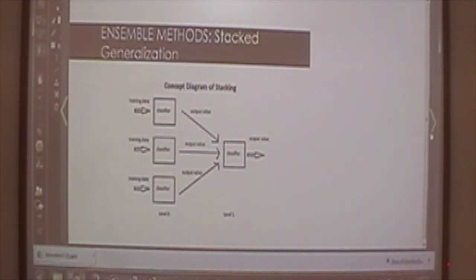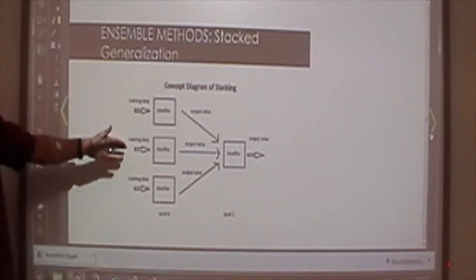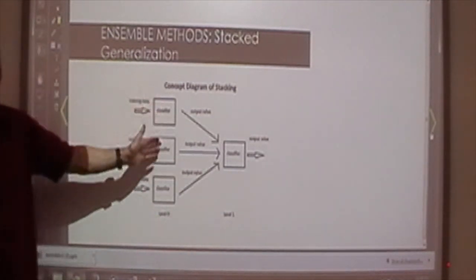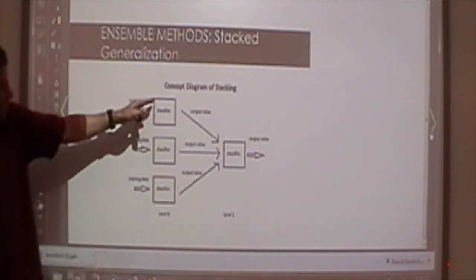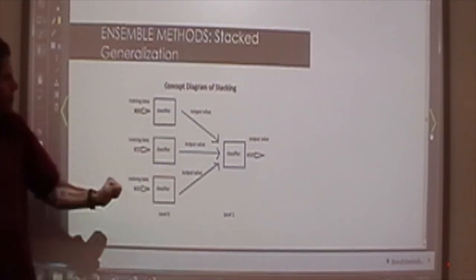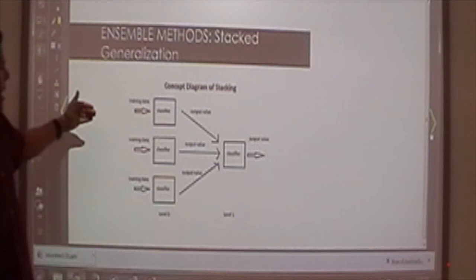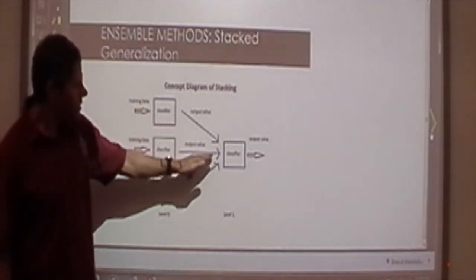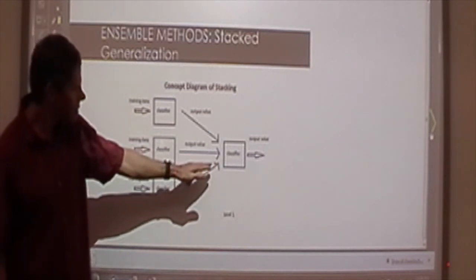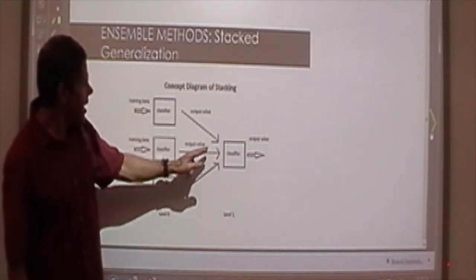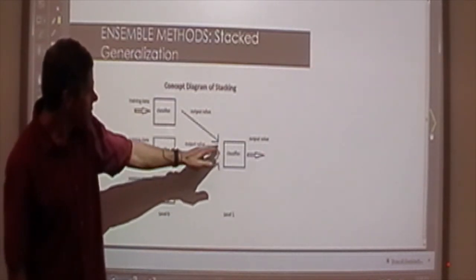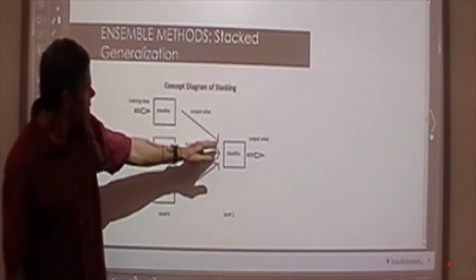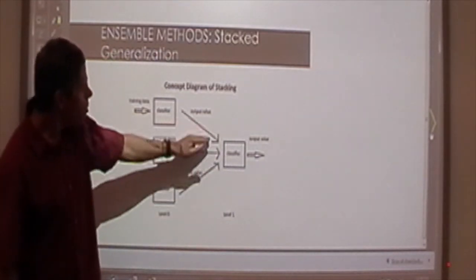So here's a diagram. Here we've got 3 different classifiers that we created at the level 0 point. And we feed the training data in, we get an output data, and that gives those output values.